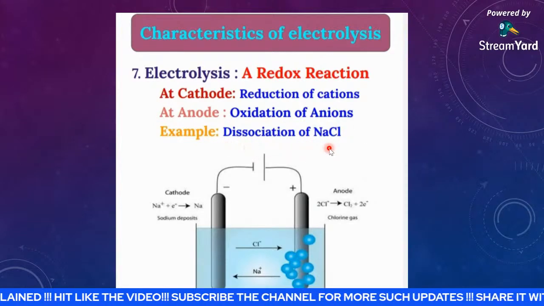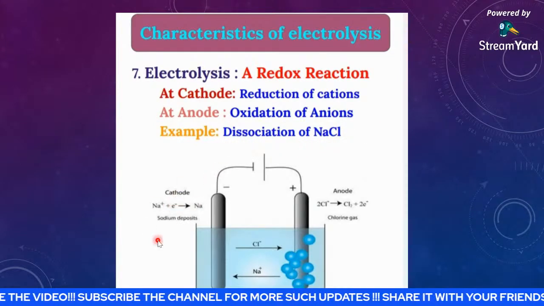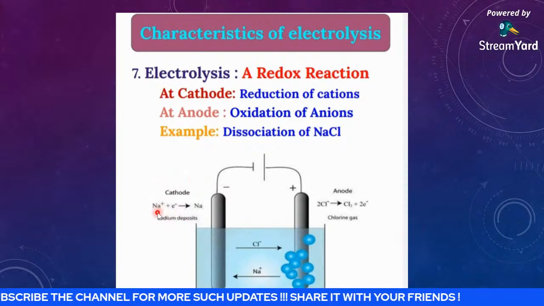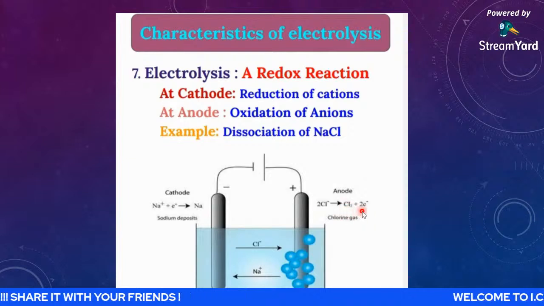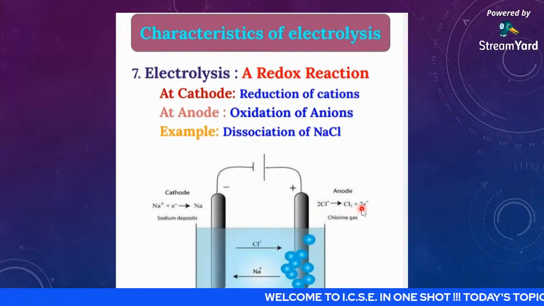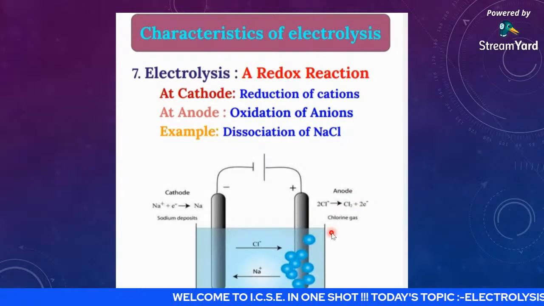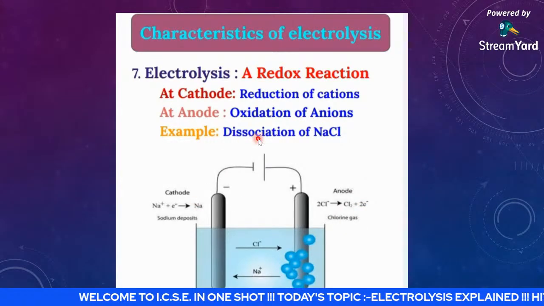An example is the dissociation of sodium chloride. At the cathode, sodium ion plus an electron becomes sodium, and two chloride ions give out two electrons to become chlorine gas. That is the way it happens.